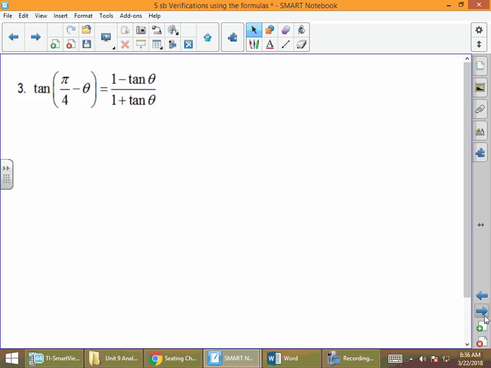But in this particular case, again, I am going to start with the left side. And we're going to fill in our identity for the tangent of pi over 4 minus theta, which is going to be a sum and difference identity.